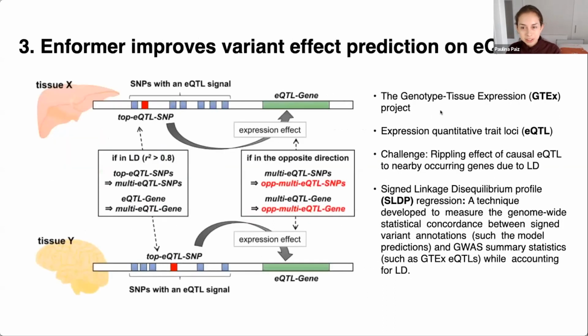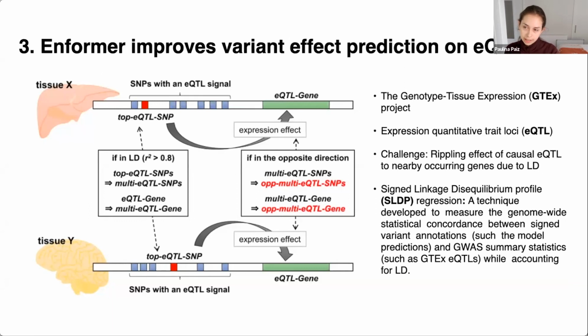Okay, third experimental result, improving variant effect prediction on expression quantitative trait loci. Here they looked at data from the Genotype-Tissue Expression Project, and usually the challenge when doing these kinds of predictive validations is that you have a rippling effect of causal eQTLs to nearby genes due to linkage disequilibrium, which is that phenomenon I referred to when I was presenting fine mapping.